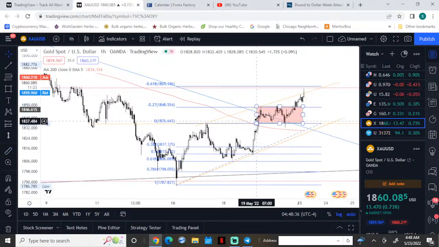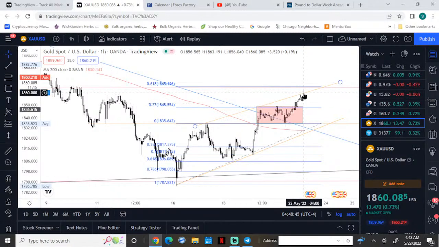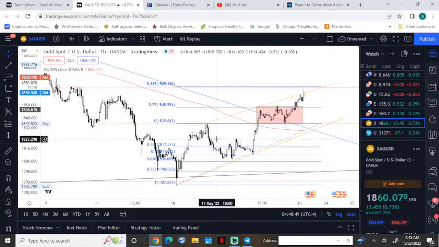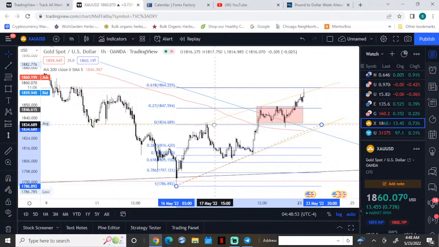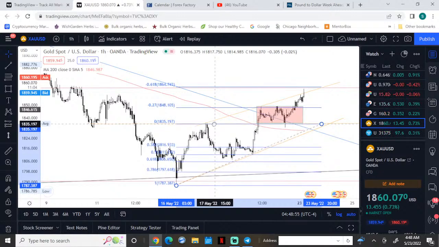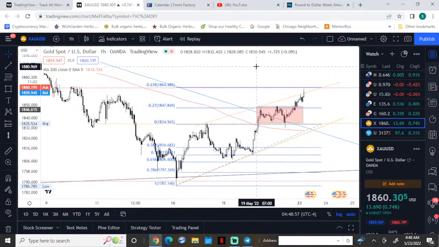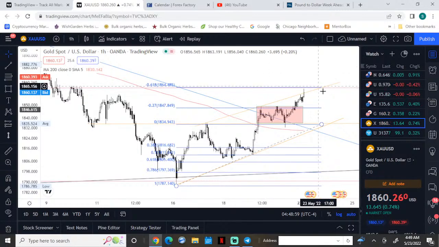Even though it broke, it played around on this trend line for a little while, went up, retested it, shot up, and the move is just about complete. Let's see. Move that to there. Hit that 618 reverse.